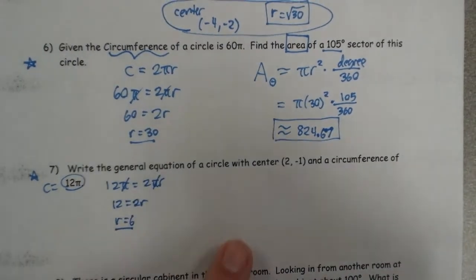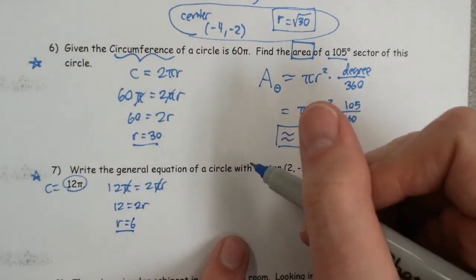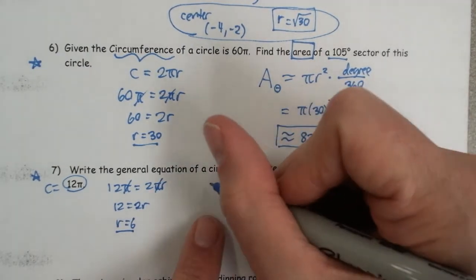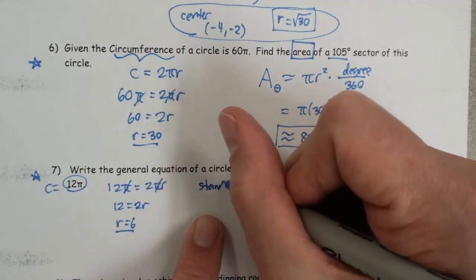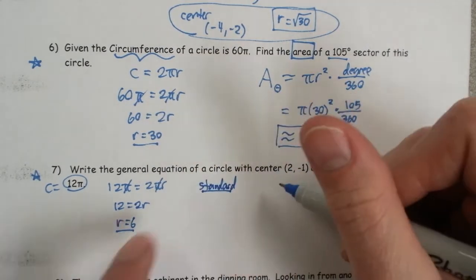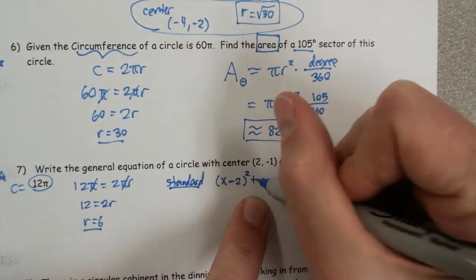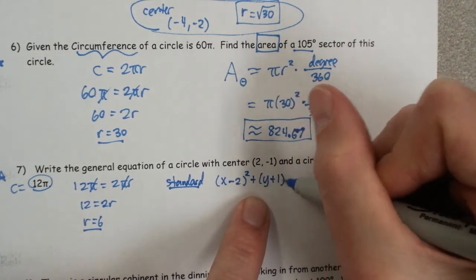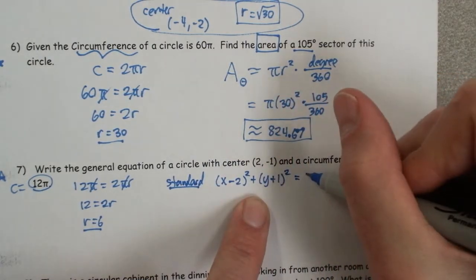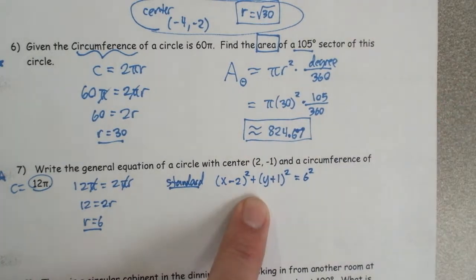Now we can get the general equation, but we have to get the standard form first. So the standard form is where we switch the signs and square the radius. So it's going to be x minus 2 squared plus y plus 1 squared equals 6 squared, which is 36.